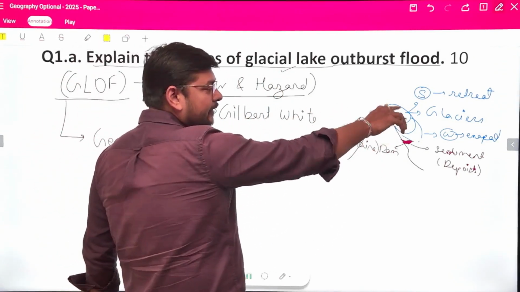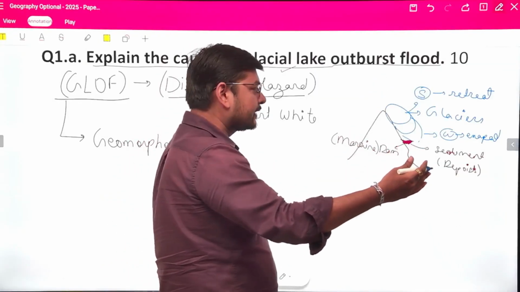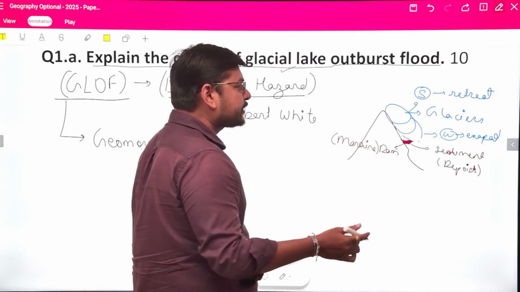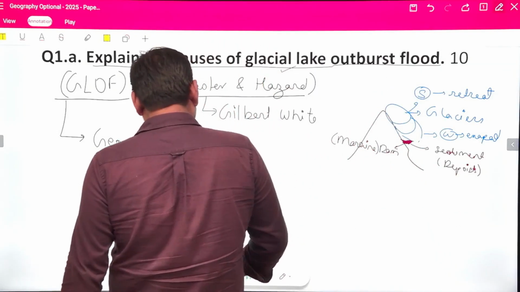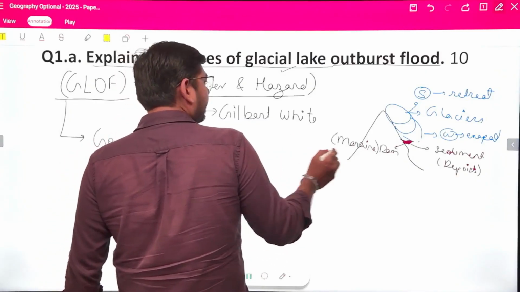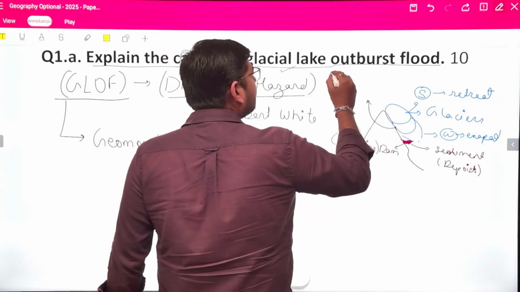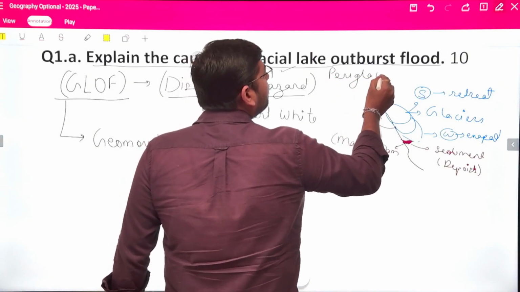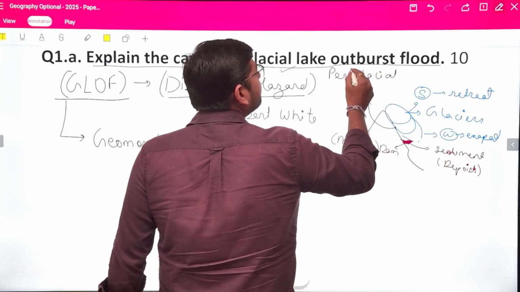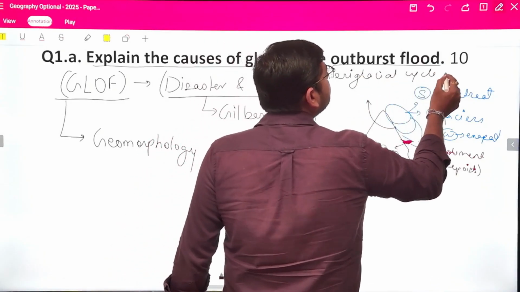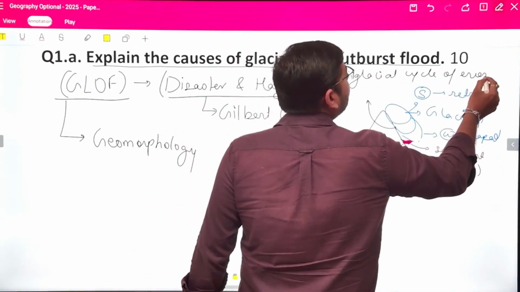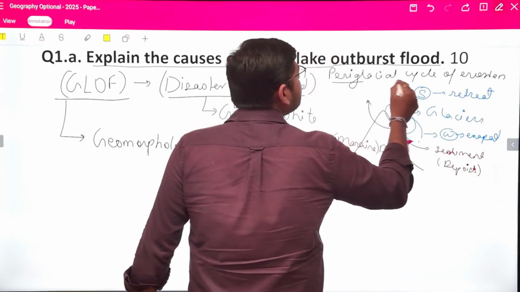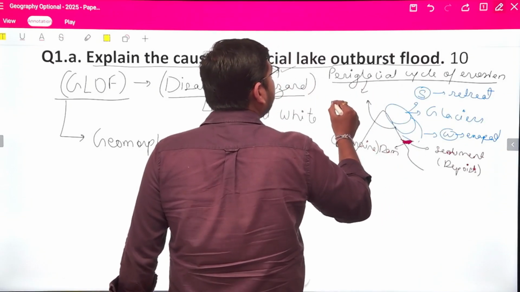This glacial retreat and expansion can be explained very well under the periglacial cycle of erosion. This periglacial cycle of erosion is given by Peltier.